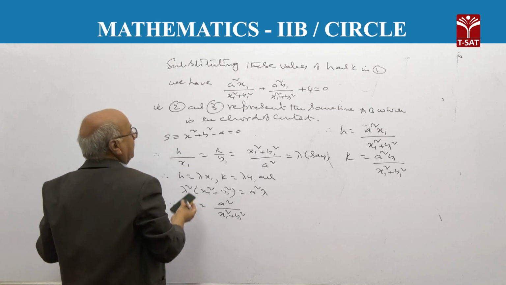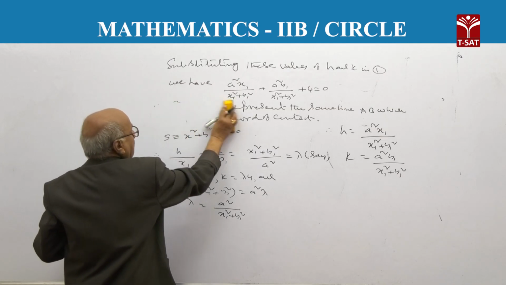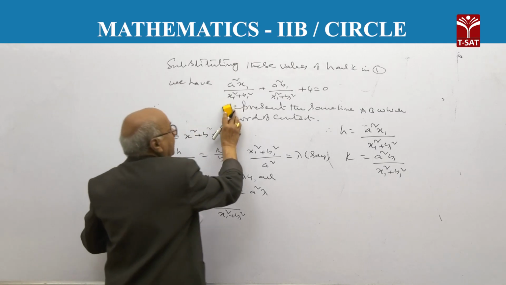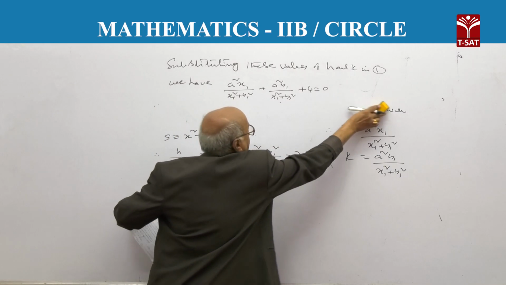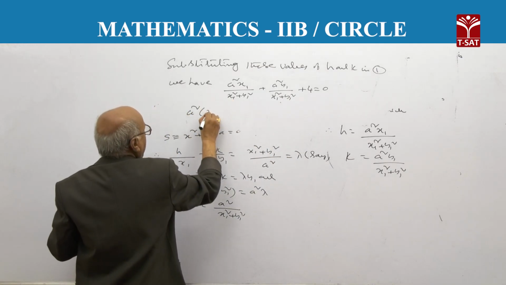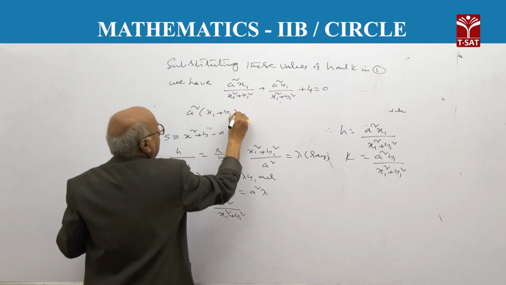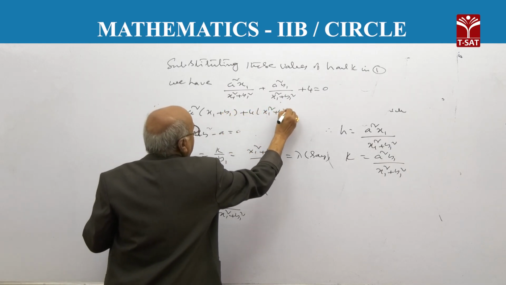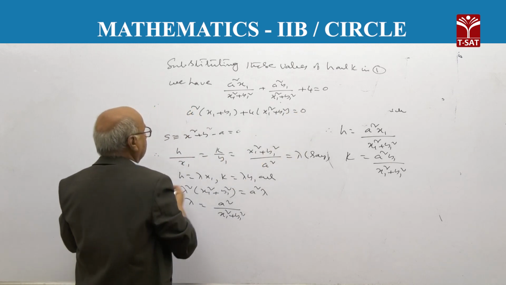Reference number 1 is h plus k plus 4. So in that, substitute the values of h and k. So that indicates that a square into (x1 plus y1) plus 4 into (x1 square plus y1 square) is equal to 0.